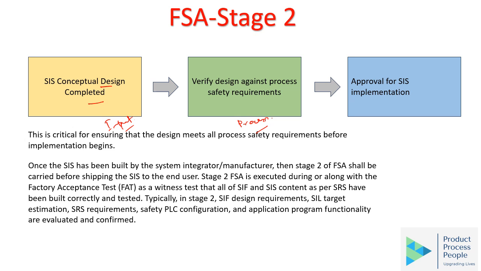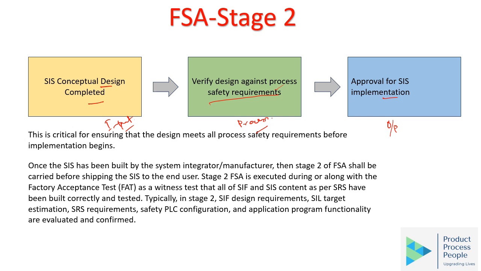Now the FSA team verifies the design with respect to the SRS, and the output is approval of SIS implementation. This is a critical stage, ensuring that the design meets all process safety requirements before the implementation begins.